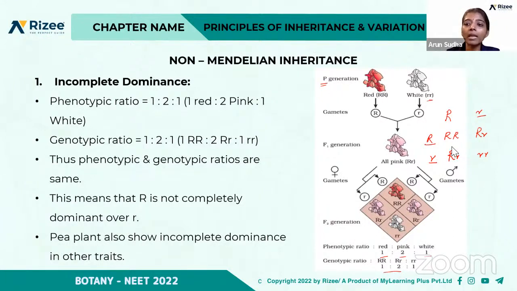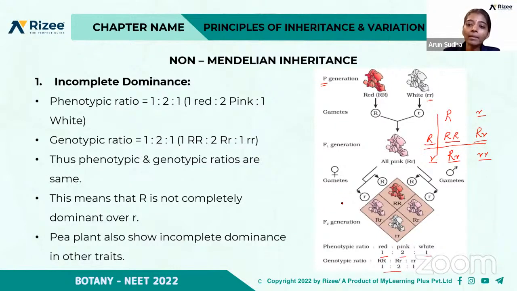So what does this indicate? That is the probability of the offspring that we will get, right? These are the probable offspring obtained by crossing the parents Rr and Rr, both heterozygous. So this is called the Punnett square.